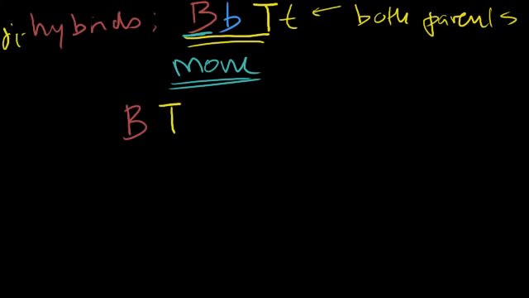Or she could contribute the brown and then the little t. Or she can contribute the blue-eyed allele and the big T. And then the final combination is this allele and that allele, so the blue eyes and the small teeth. So that's for mom.